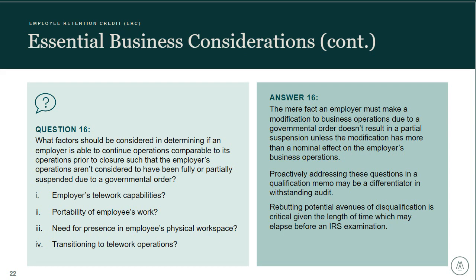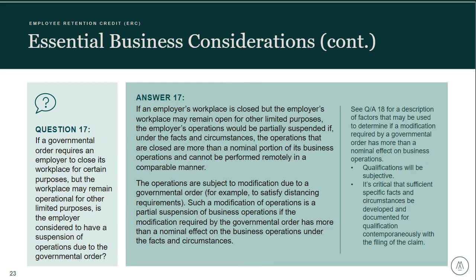But in addition to thinking about qualification, particularly for this question and a couple others, think about how the business can put together a file today to ensure that in 3 years or 5 years, whenever that may be, they've documented things in a way to address potential avenues of approach by the IRS. And I'll let you continue, Craig, on 17.